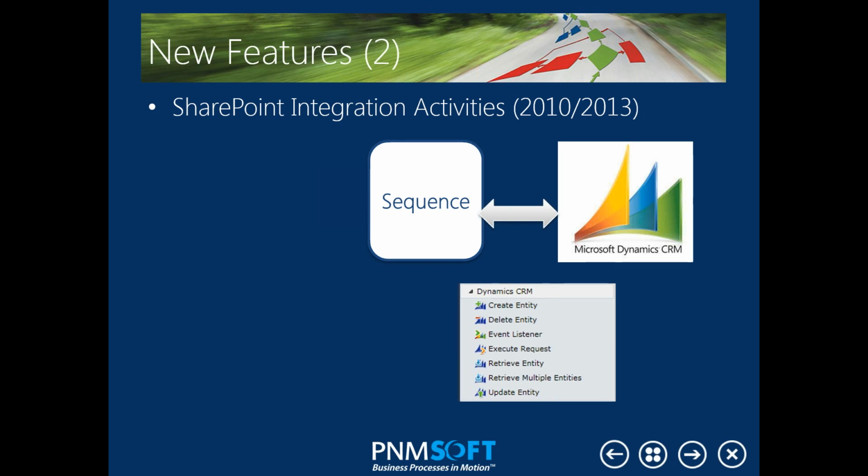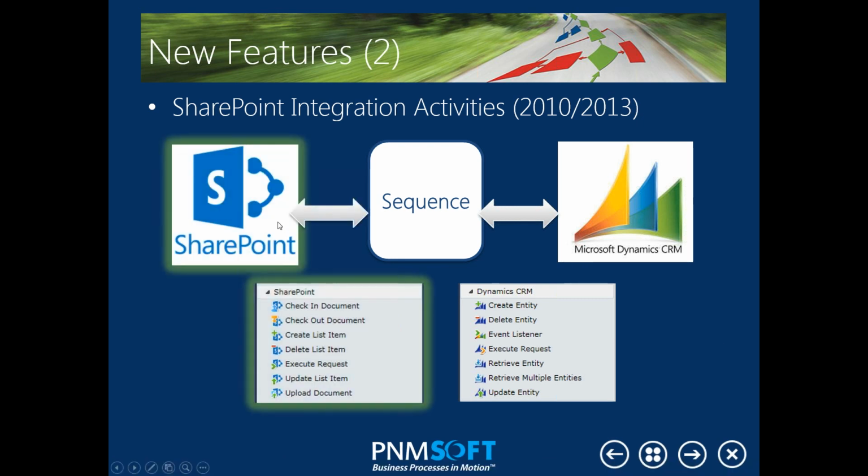So all the recent releases of Sequence already presented the Dynamics CRM integration activities. Now, what we know is that organizations also use SharePoint very often. So Dynamics CRM and SharePoint are very common with our customers. And now that we introduced SharePoint activities into Sequence, think of all the possibilities that you have now.